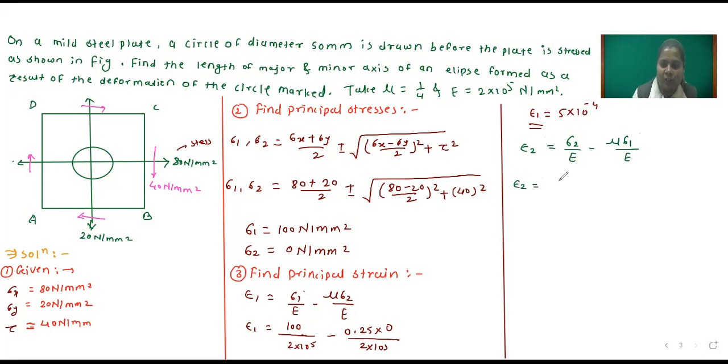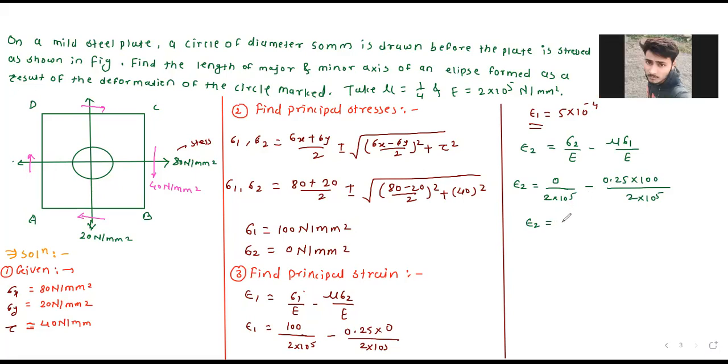So epsilon 2 is equal to sigma 2, which is 0, upon 2 into 10 raised to 5, minus mu, which is 0.25, into sigma 1, which is 100, divided by E, which is 2 into 10 raised to 5. So epsilon 2 is equal to minus 1.25 into 10 raised to minus 4. So this is epsilon 2.